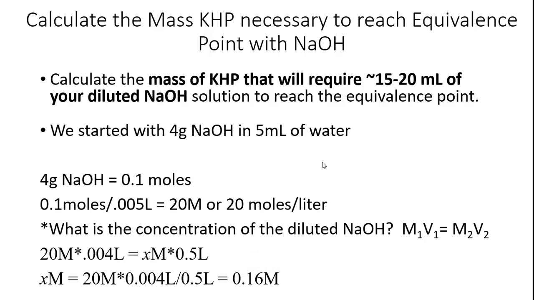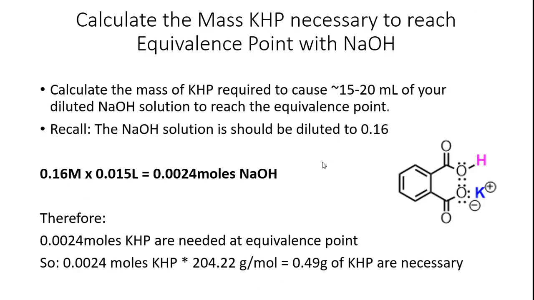All right, so now that we know that, we can figure out how much KHP we need, the mass, because remember, for that standard, it's a solid that we're going to dilute up, right? So if we know the molarity of the sodium hydroxide, the dilute solution, and it's asking us to determine how much KHP we need for 15 to 20 mL, we're going to go with 15 milliliters.